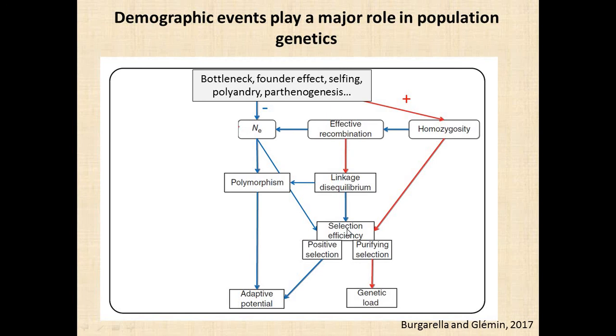You're going to have deleterious and advantageous alleles that will be linked together and segregate together, which means low selection efficiency, which means again a low adaptive potential of this specific population. And something we'll talk about later, there is also reduced purifying selection, which means less removal of deleterious alleles, which means increasing what we call the genetic load, so the amount of deleterious mutations that are in a given genome.